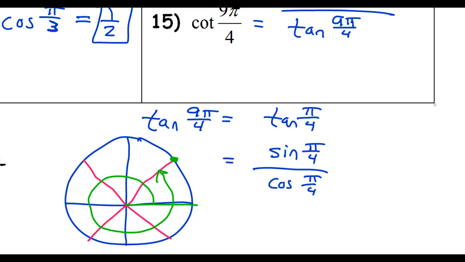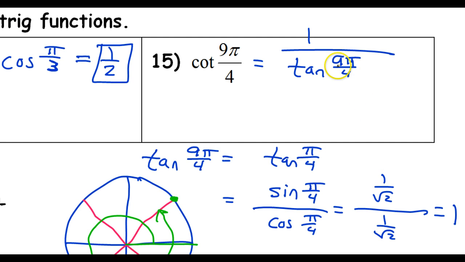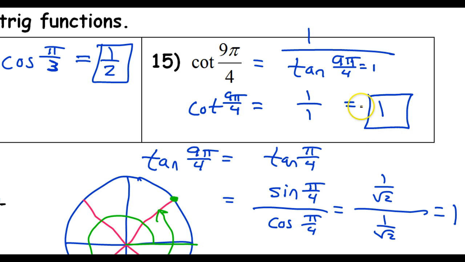So that means that this is going to equal 1 over radical 2 divided by 1 over radical 2. Well, that's just 1. Okay, so that means the tangent of 9 pi over 4 is equal to 1. Okay, so that means I've got 1 over 1 for the cotangent, and of course that's just going to equal 1. So the final answer should be 1.